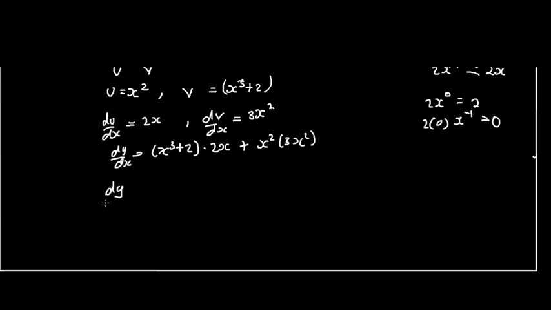We can say that dy/dx is equal to, this 2x multiplying everything inside, 2x to power 4 plus 4x plus 3x to power 4. This gives dy/dx equal to 2x to power 4 plus 3x to power 4, which is 5x to power 4, plus 4x.